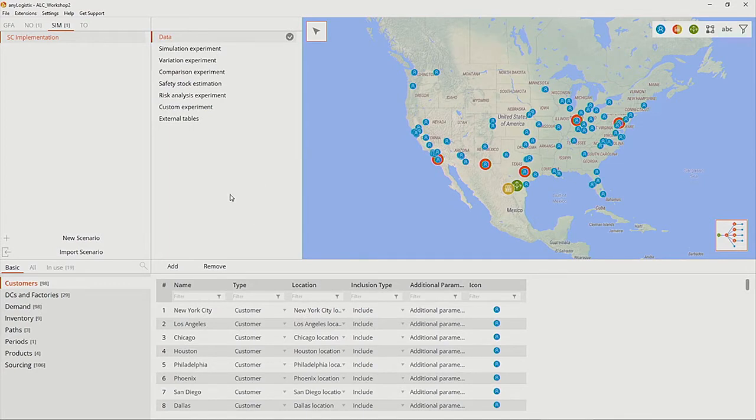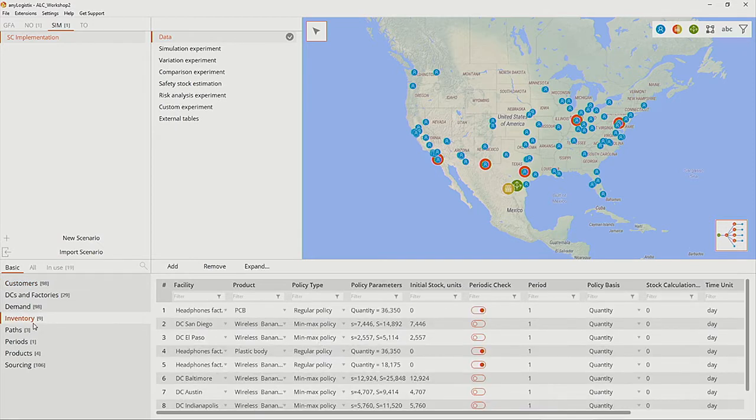As a previous step, I converted the result of network optimization to a simulation scenario. And that technical part is an analytical conversion. Taking into account flow values, demand structure, and network structure, it generates and proposes inventory policies and their parameters.